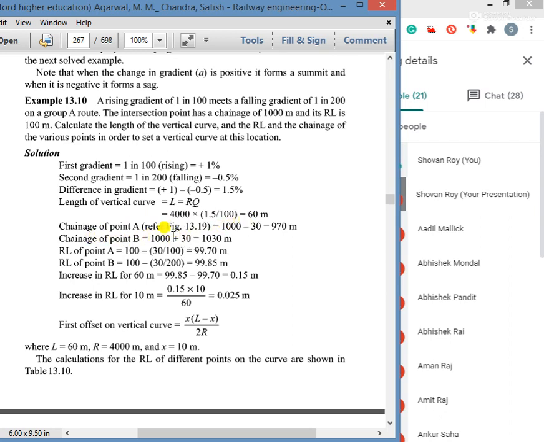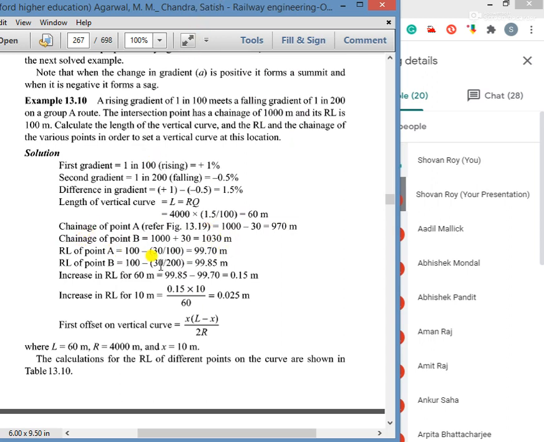From the intersection chainage, first minus then plus. So the chainage at point A is 970 meter, and the chainage of point B is 1030 meter.